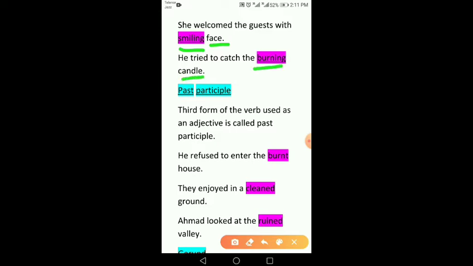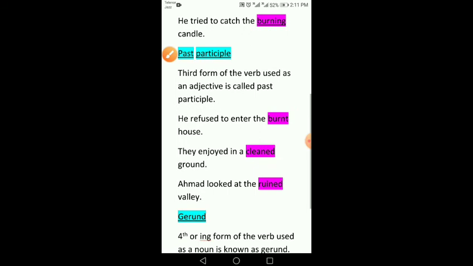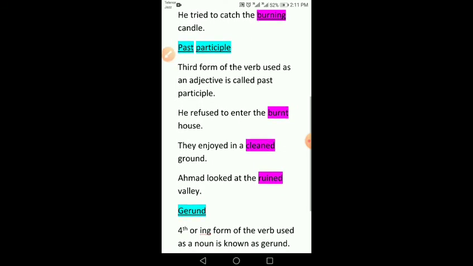The next example is he tried to catch the burning candle. Here burning is describing candle, so it's working as adjective and it's fourth form of burn, so here it is known as present participle.